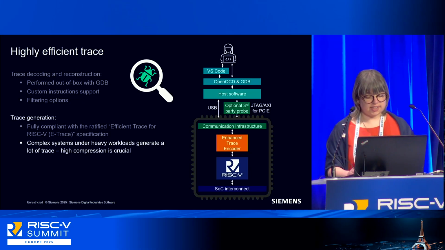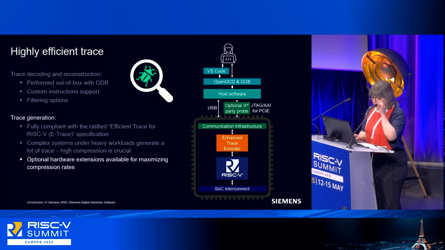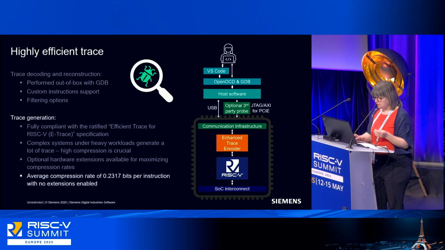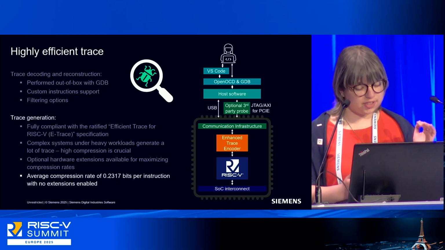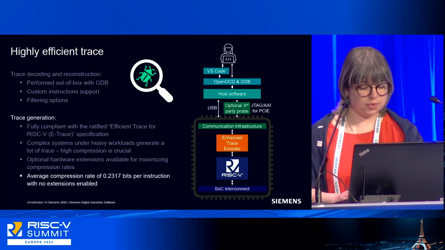The Enhanced Trace Encoder also has options for additional hardware extensions, which users can pick and choose to further maximize compression rates. However, even with no such extensions enabled, the Enhanced Trace Encoder boasts an average compression rate of 0.2 bits per instruction. This allows for in-depth processor trace visibility over RISC-V harts whilst minimizing its bandwidth usage.